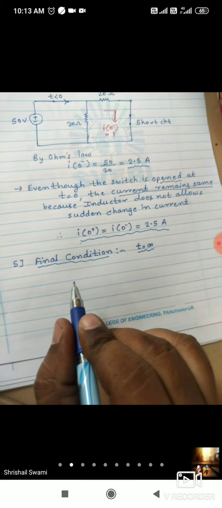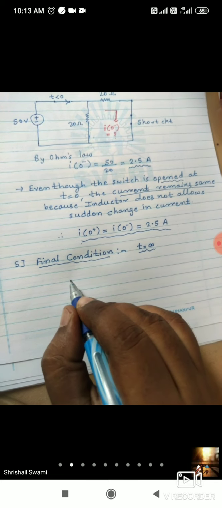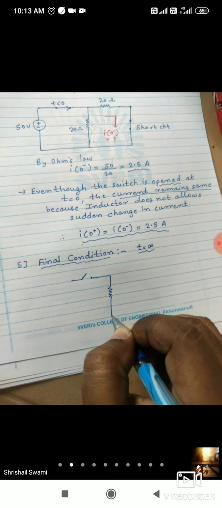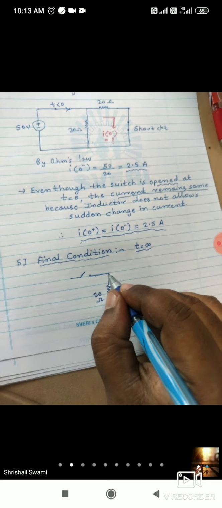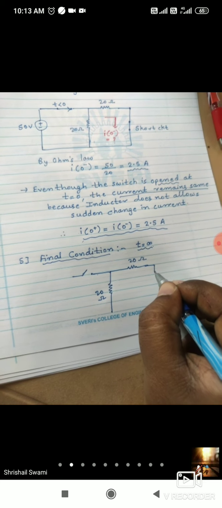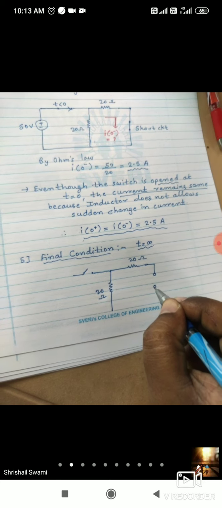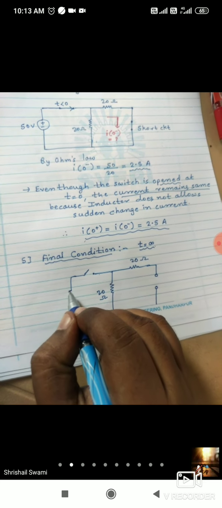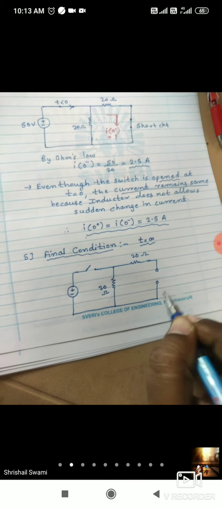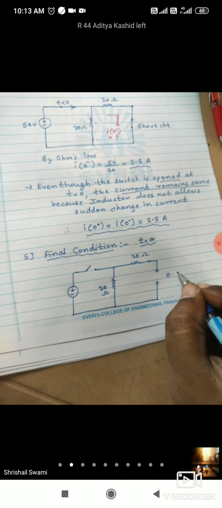So when the switch is opened for a long time, the resistor will be 20 ohm. For the final condition, the inductor becomes open, that is an open circuit.